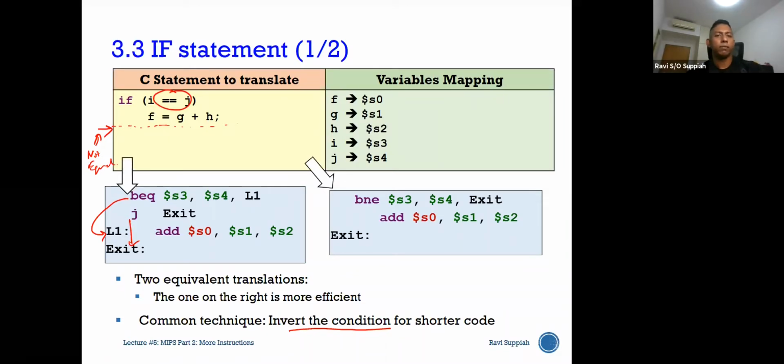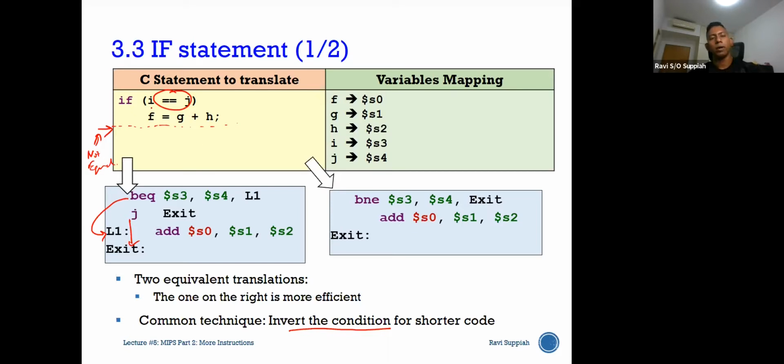In the translation, you can always choose to implement the assembly either directly based on the C logic, or you can also think of it from a reverse perspective. So in this C statement, if i equals j, f equals g plus h.